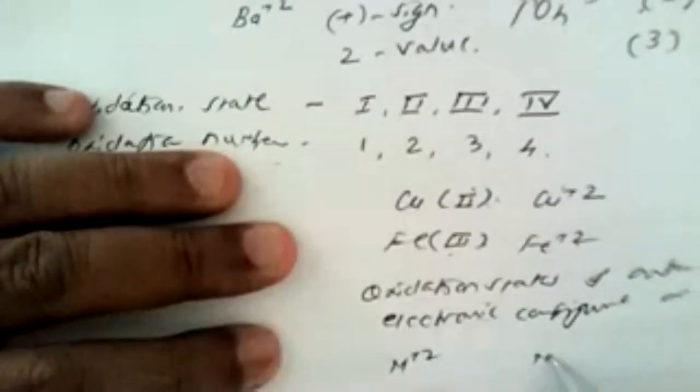That means metal in +2 oxidation state, metal in +3 oxidation state, and metal in +4 oxidation state. All these are metallic elements, hence I have used the words M+2, +3, and +4. In the beginning, we have seen that these elements also show variable oxidation states or variable valency. If an element shows more than 2 valencies, it is known as variable valency. Now we have to show the different oxidation states for all these elements.